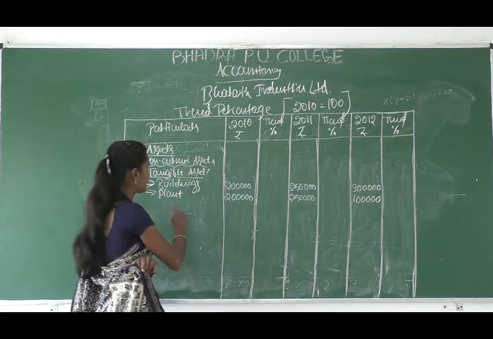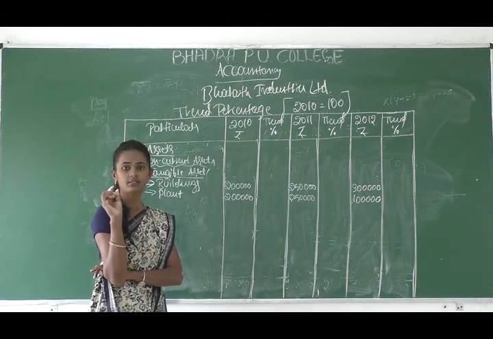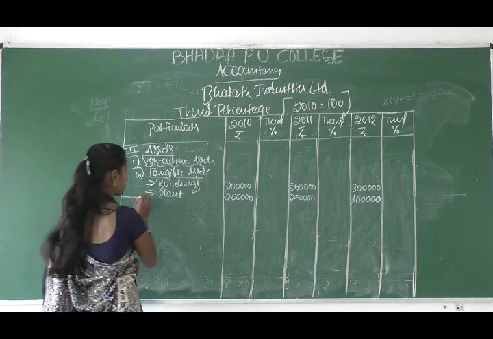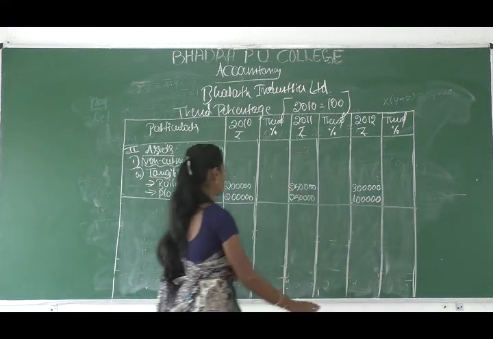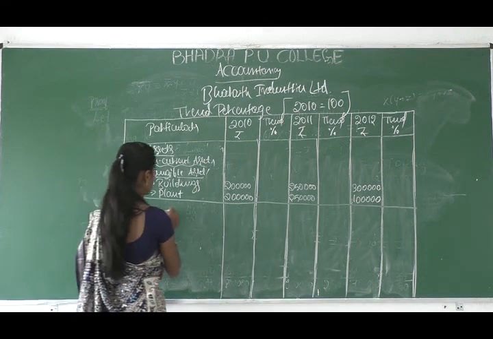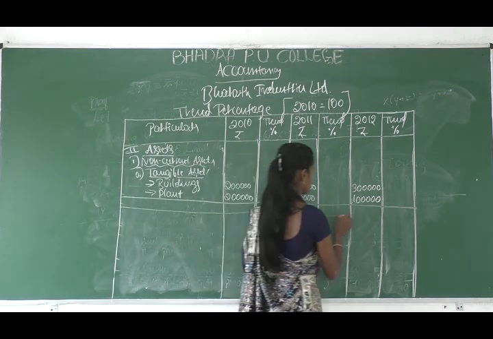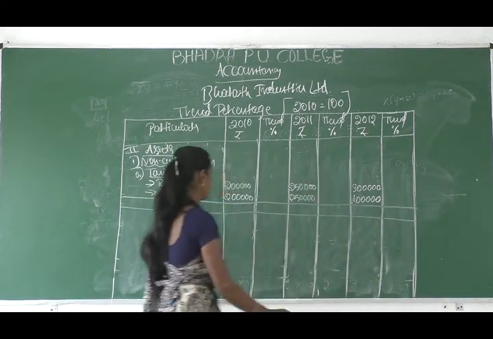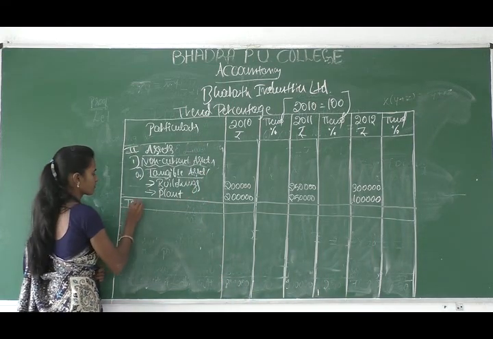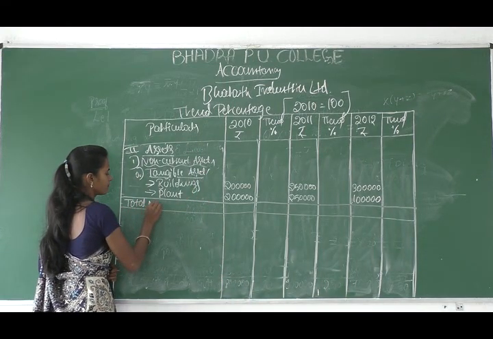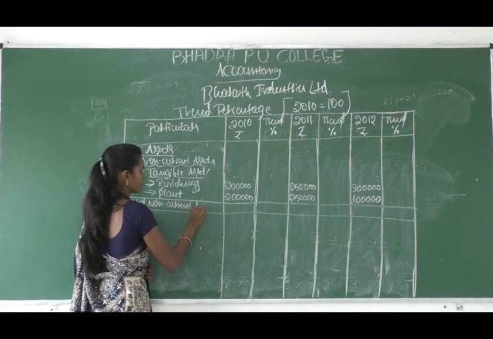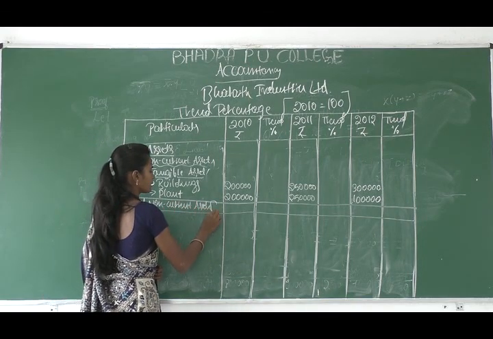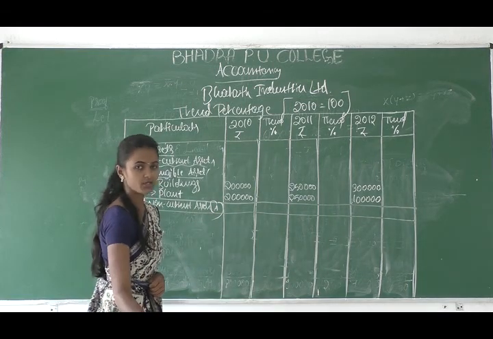So now we will get our total non current assets. It's total non current assets within a bracket A, okay.